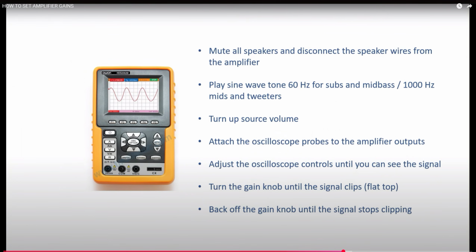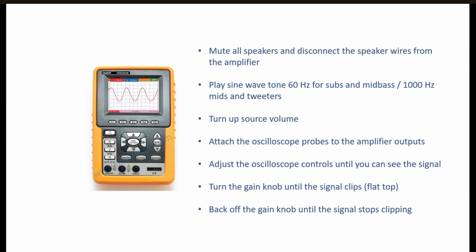Okay, so the method for setting gains with an oscilloscope is very similar to the method that we use with the multimeter. So first of all, you want to mute all speakers in your system so you don't accidentally send a 60 hertz tone at full volume to speakers that you're not going to be using, and then you want to disconnect the speaker wires from the amplifiers that you're setting the gains on.